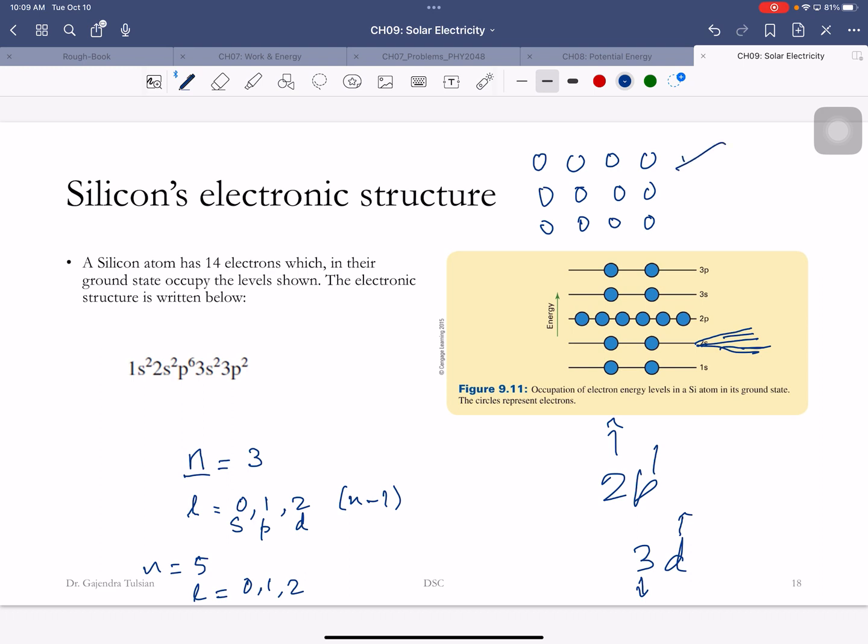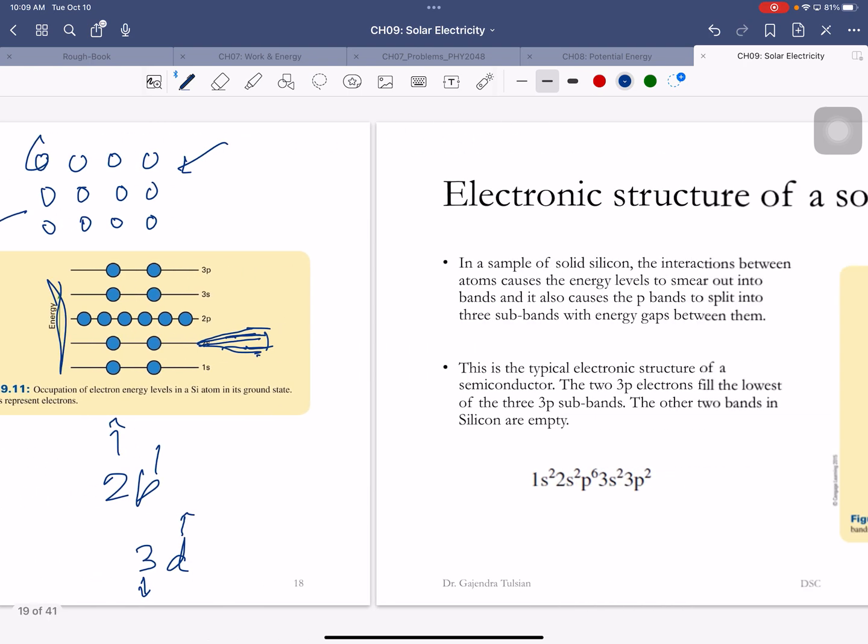So if you have 1 billion atoms, each of these will smear out and become 1 billion energy levels. And that becomes a band. Energy band. So if an atom is by itself, all you have is these levels. But if you make a solid out of it, each of the levels will turn into a band.